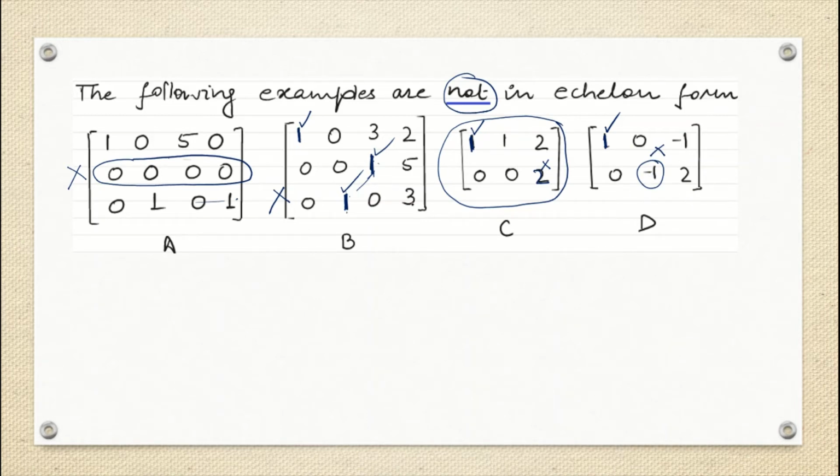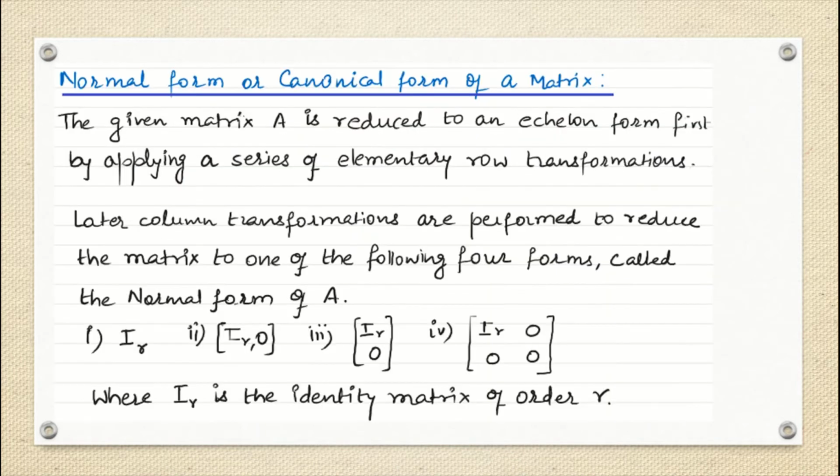Fine. I hope you understood what row echelon form is. Now we are going to see what is called reduced row echelon form. This reduced row echelon form is also called the normal form, or the canonical form, of a matrix. For a matrix to be in reduced row echelon form, the very first criterion is that the matrix should be in row echelon form first.